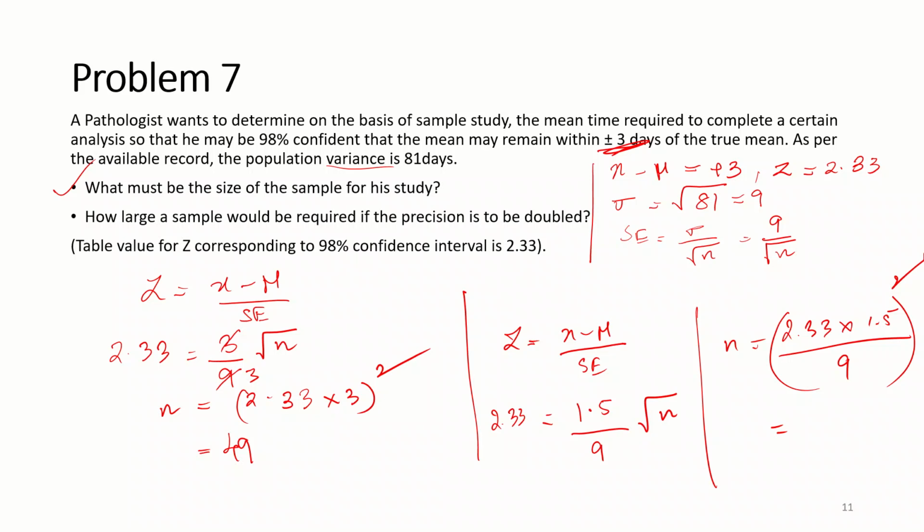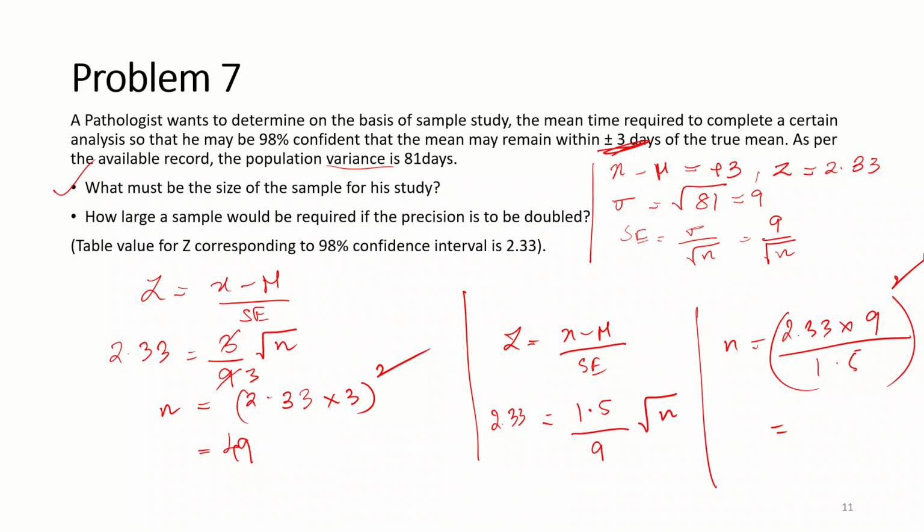So how much is it coming? Sorry, I think I've written it wrong here. It is 2.33 into 9 divided by 1.5.